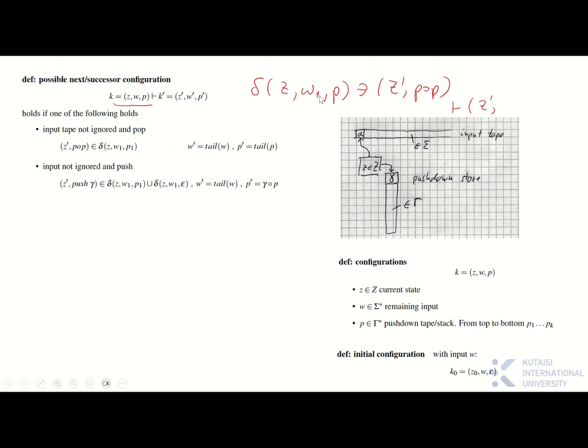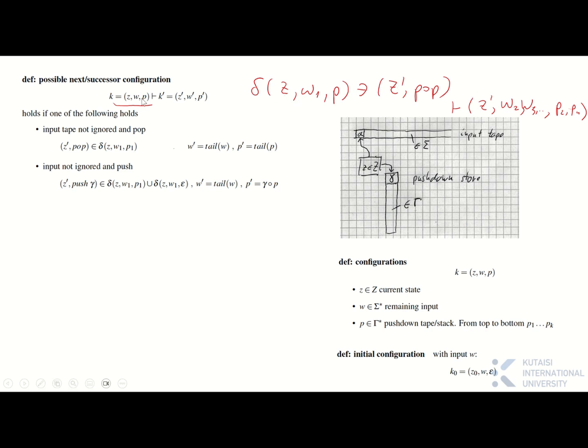I can read W1, so I can go to W2, W3, and so on. And I can pop, so I can start with P2 up to Pn. See what I did?